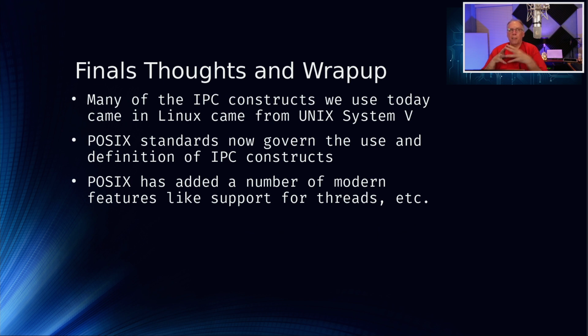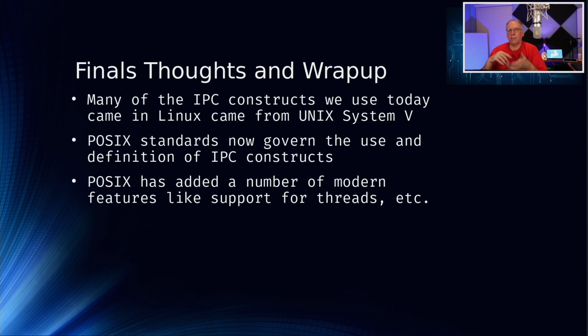If you're writing a program, let's say on BSD that's POSIX, you want those same constructs to work the same, so that you have some portability between different flavors, even of Linux, so that you don't have someone writing an IPC construct that isn't understood. Let's say a Red Hat construct isn't understood under Ubuntu, or vice versa. You would not want that.